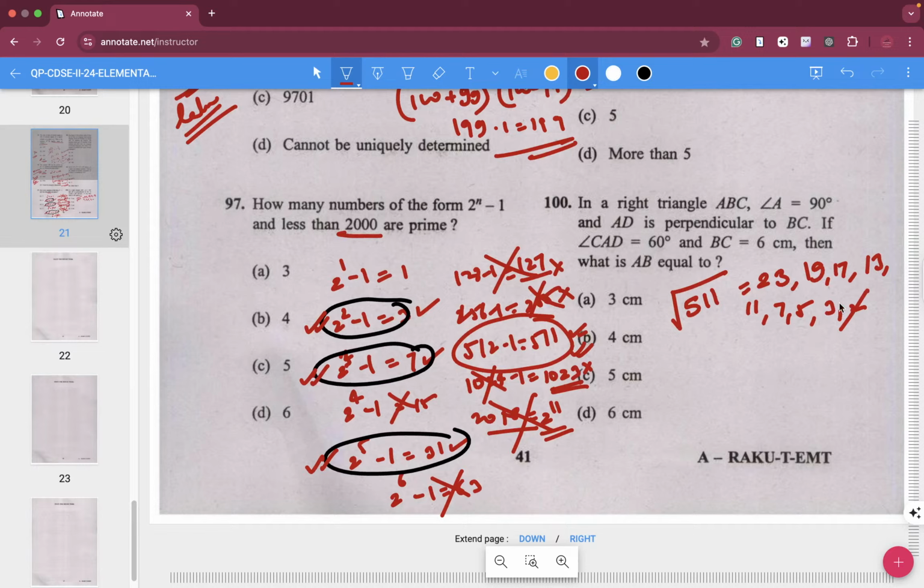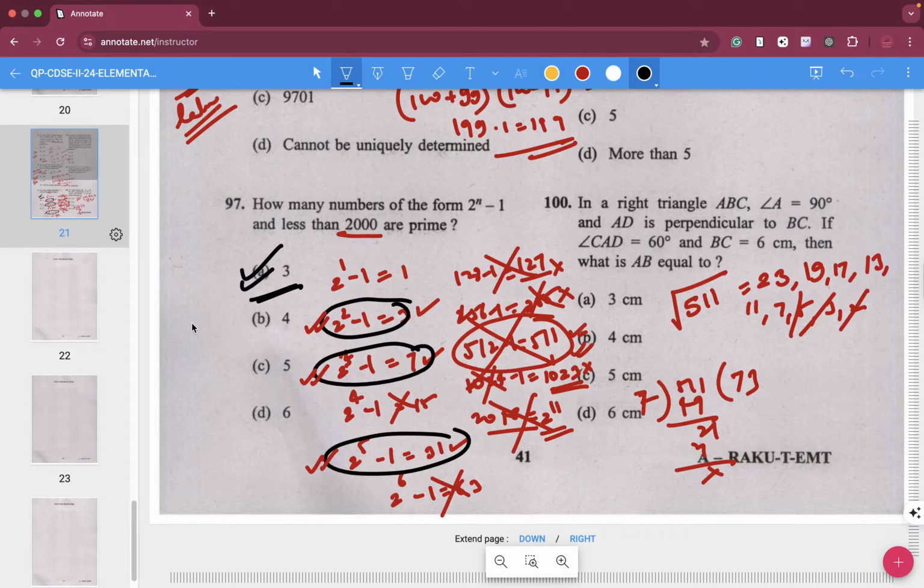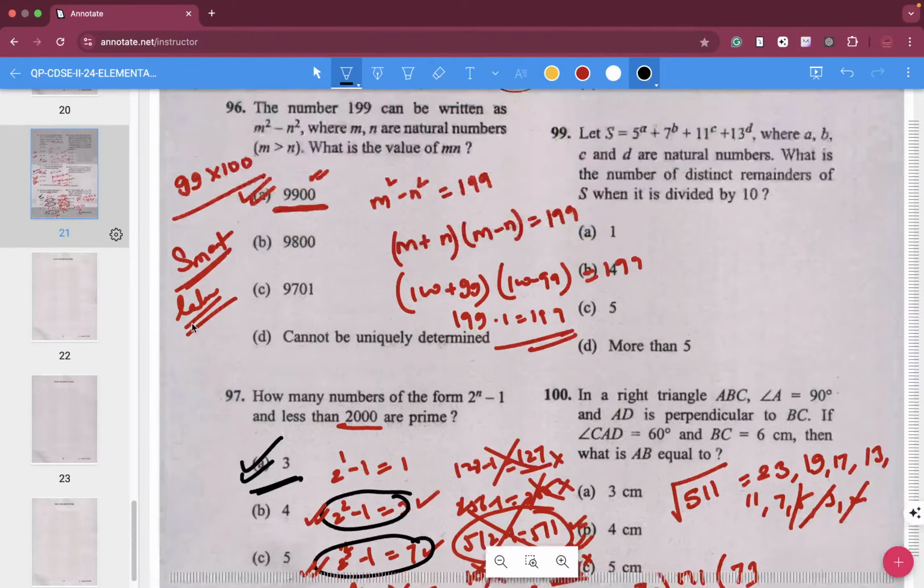Not divisible by 2, 3, 5 for sure. 49, by 7, yes, it is divisible by 7 over here, folks. If it is divisible by 7, then 511 is also not a prime number. So obviously we will go ahead with option A as the correct answer, folks.